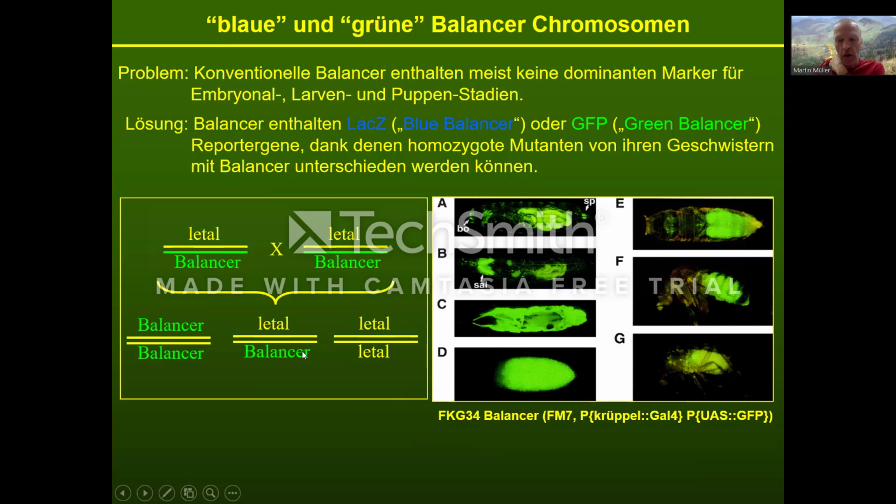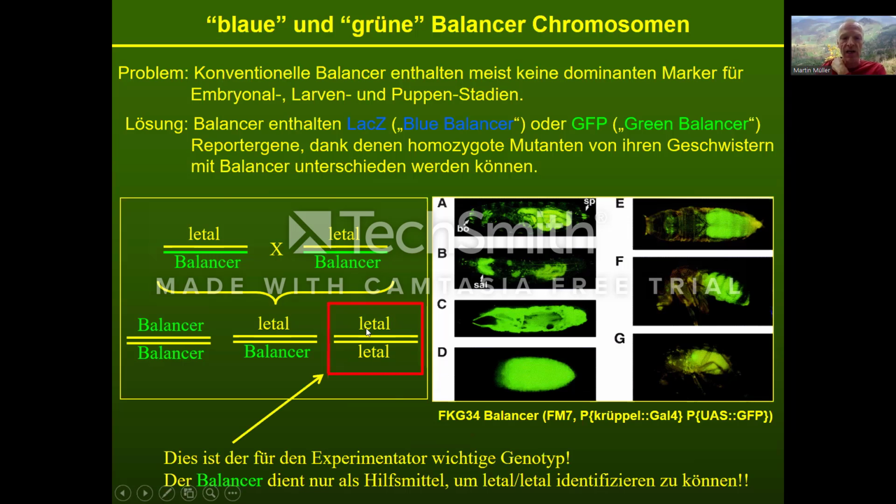If you then check which embryos are green, you know they are not the homozygous, but you are of course interested in the homozygous animals, and you can select them by absence of the green signal. So the balancers, with the help of GFP, become also useful earlier than just the adult stages.